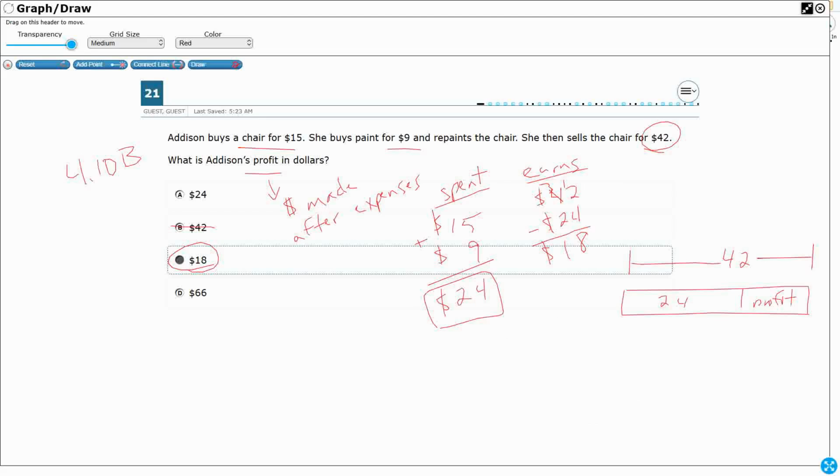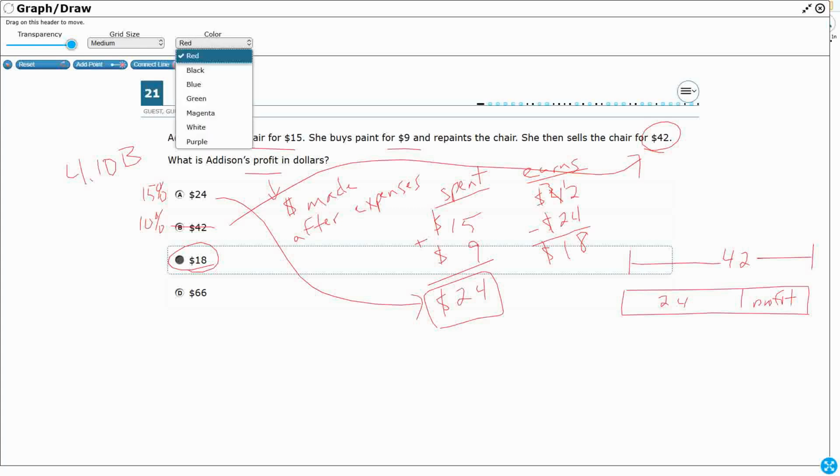So how did we do? Well, we had 15% of our students choose A, which as you can see, this is just the amount of money spent. We had only 10% of our students choose B, which is good because that's the full sale price. For our correct answer of C, we had 55% of our students.